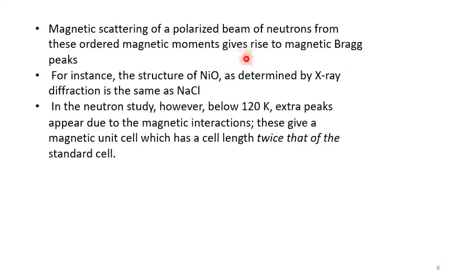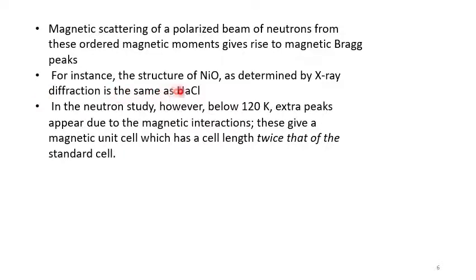Magnetic scattering of the neutrons will give rise to an additional peak in the neutron diffraction pattern, and this additional peak will be called a magnetic Bragg peak. There can be one peak and there can be more than one peak.